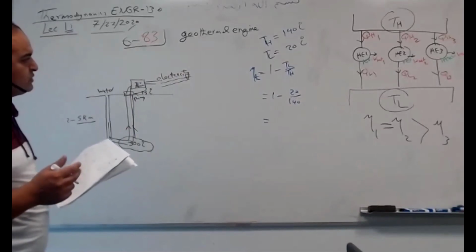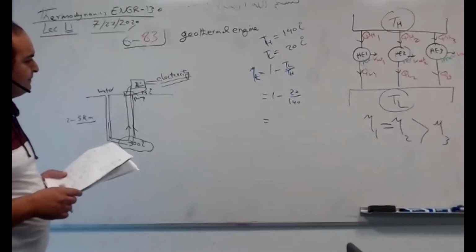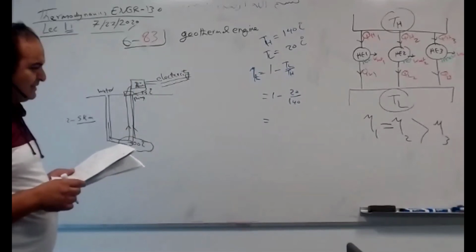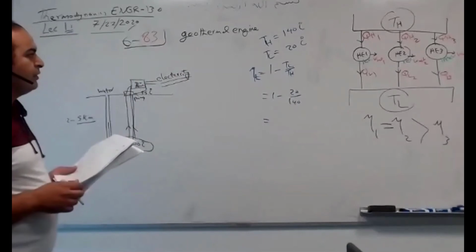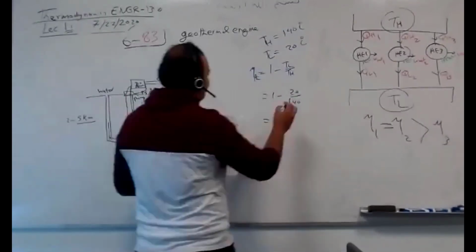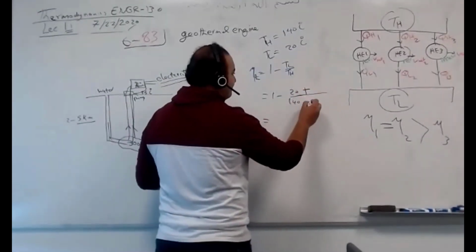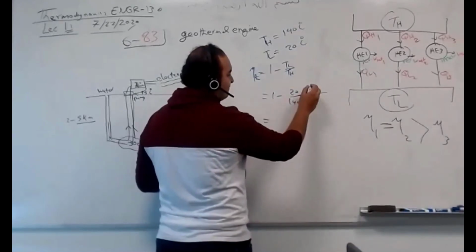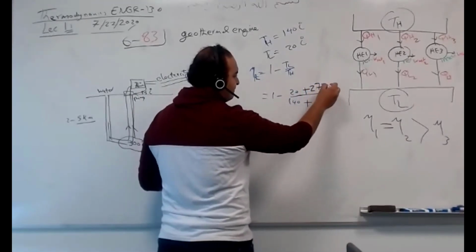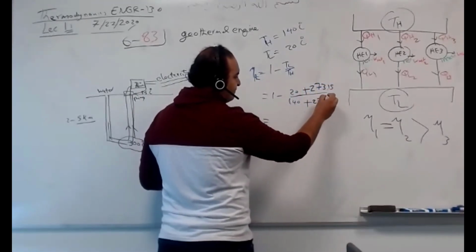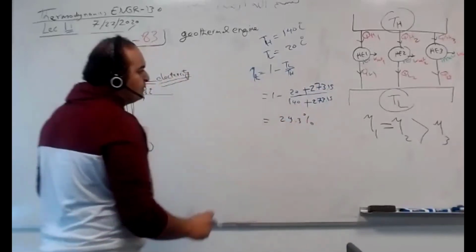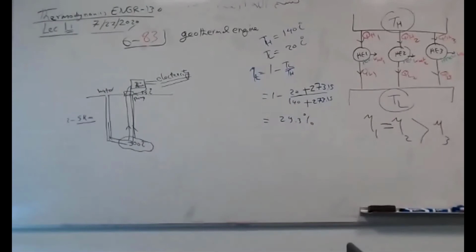I'm waiting. Somebody is supposed to say something. 85.857. Wrong. You're supposed to add 273 to both.